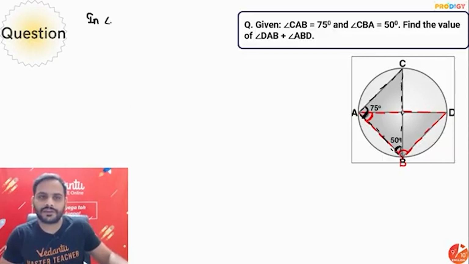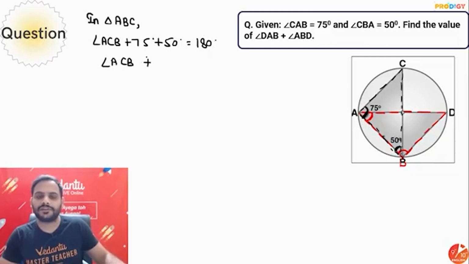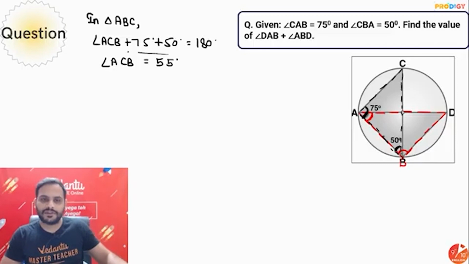In triangle ABC, angle ACB, which we don't know, plus 75 plus 50 is equal to 180 degrees. 75 plus 50 is 125. Shift 125 over there, you'll get 55. So angle ACB is equal to 55 degrees.